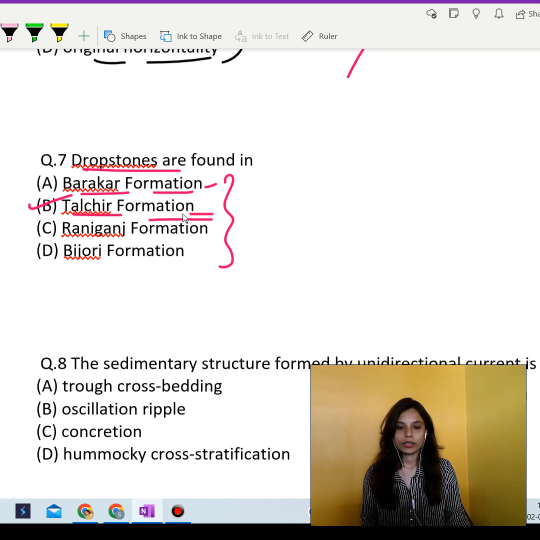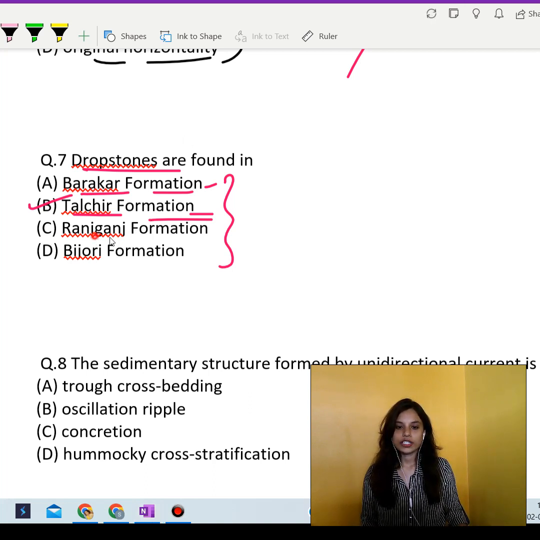Now, coming to the Talchir Formation, underlying the Barakar Formation, it is known for its glacial origin and contains the drop stones, which are large clasts of out-of-place rock deposited by ice bergs.